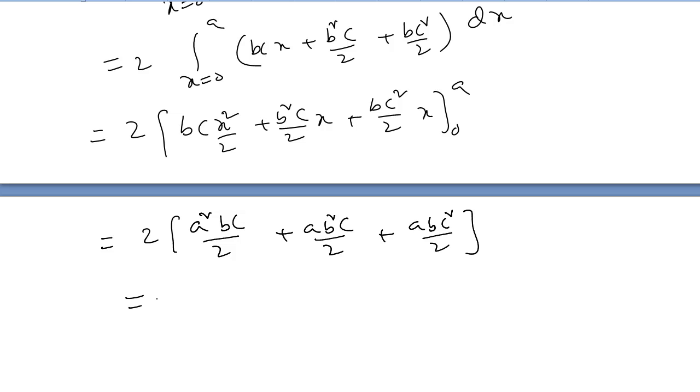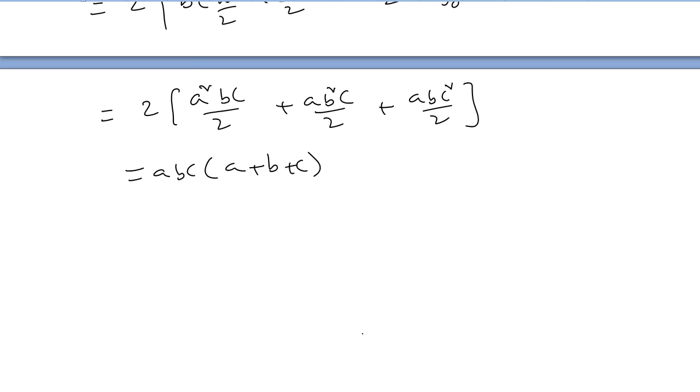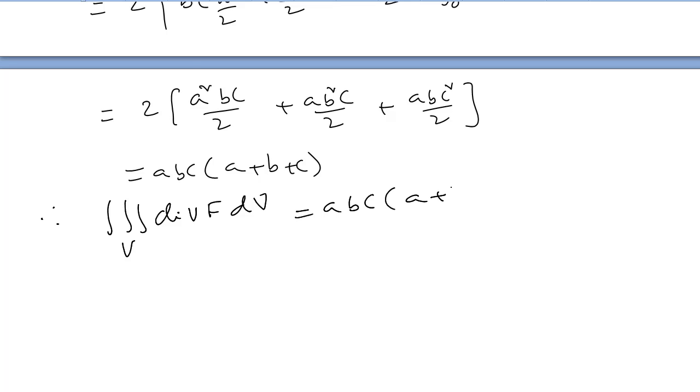Here 2 cancels, abc is the common term, abc into a plus b plus c. So, what is the integral value? Therefore, the triple integral of divergence of f dv equals abc into a plus b plus c.